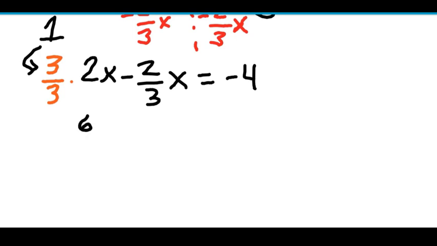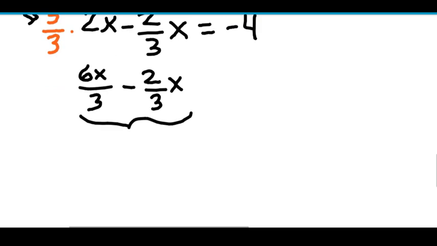So this becomes 6x over 3 minus 2/3 x, and that simplifies to 4x over 3 because we just subtract the numerators.